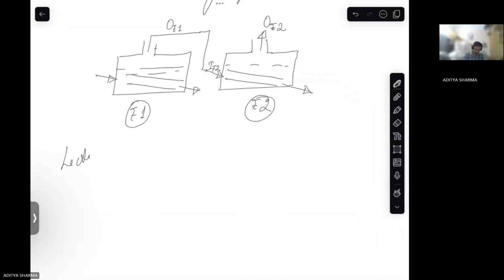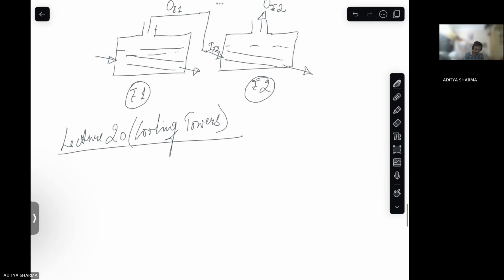So lecture number 20, cooling towers. So this is circulating water system.